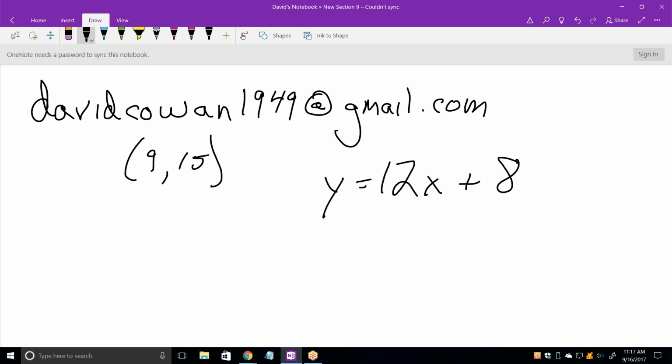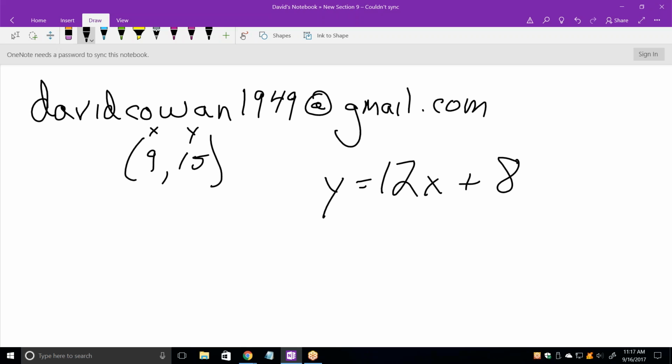Okay, how are we going to do that? Hold on, I'm writing it down. Would we graph it? I'm not entirely sure. The point they gave you was 9, 15. That's the x coordinate, that's the y coordinate.